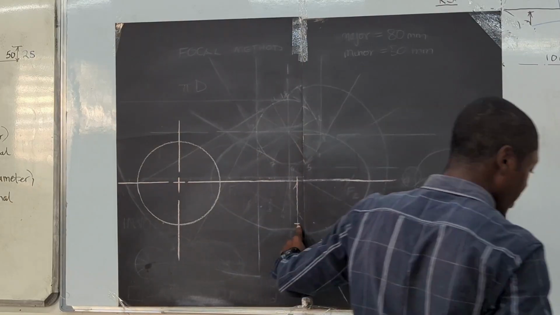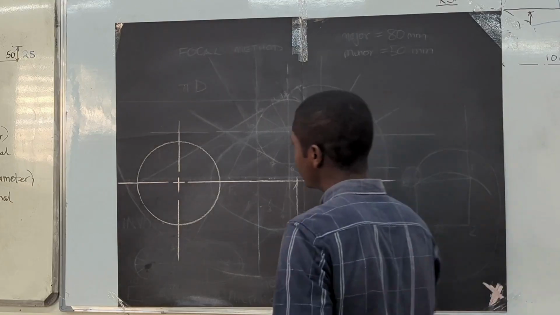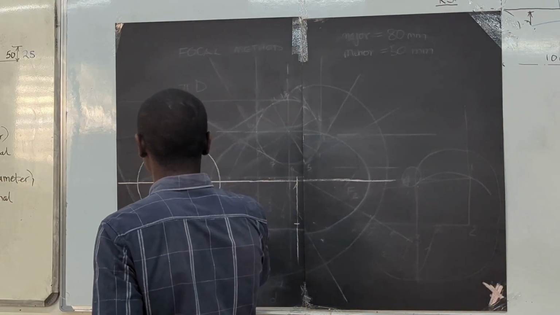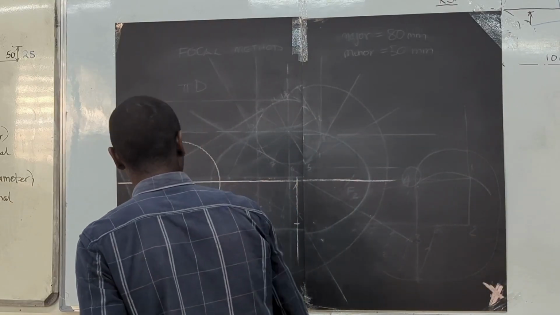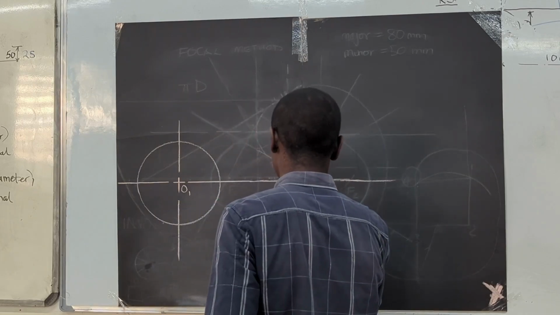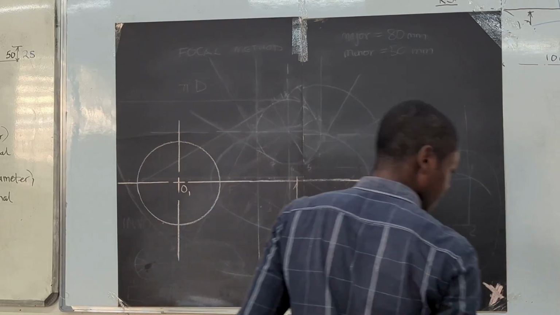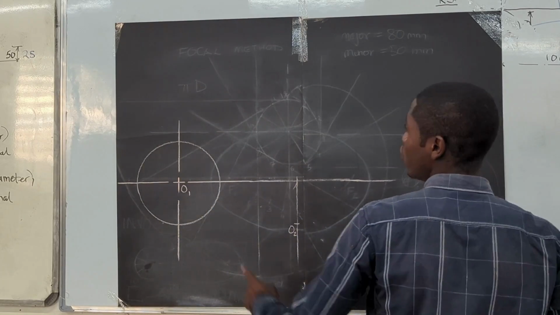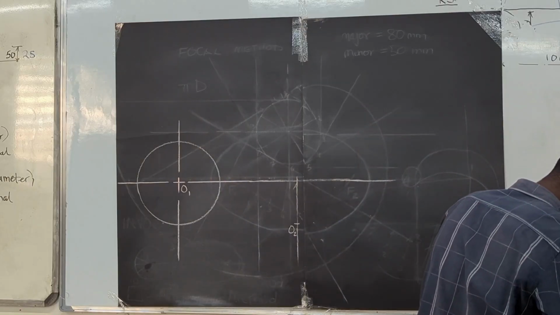This here will be our center. Just for easier reference, let's call this center O1 and this one O2. At O2, we'll draw our other circle there.